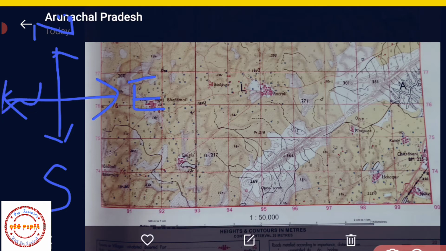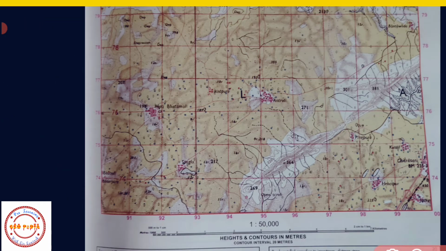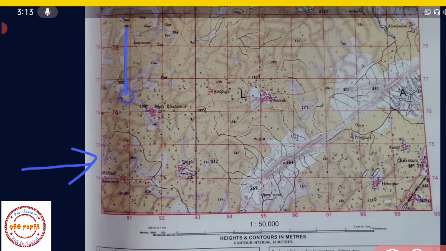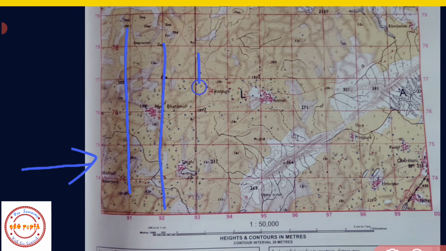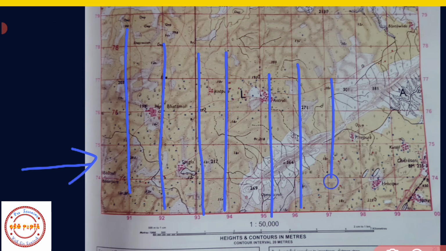So these lines are moving towards the east direction. Here you can see 91, 92, 93, 94, 95, 96, 97, 98 in this way. So that's why it is called easting, because it is moving towards the east direction.